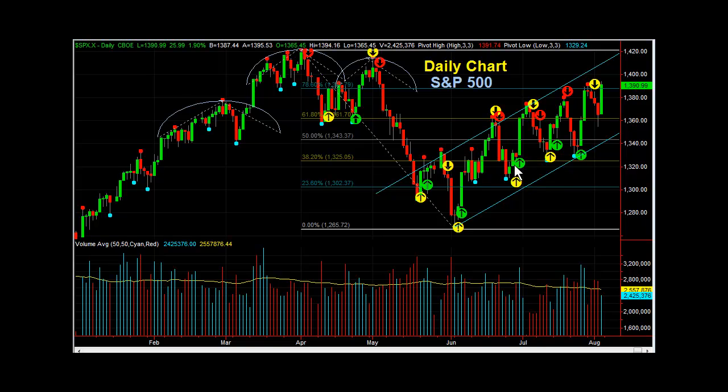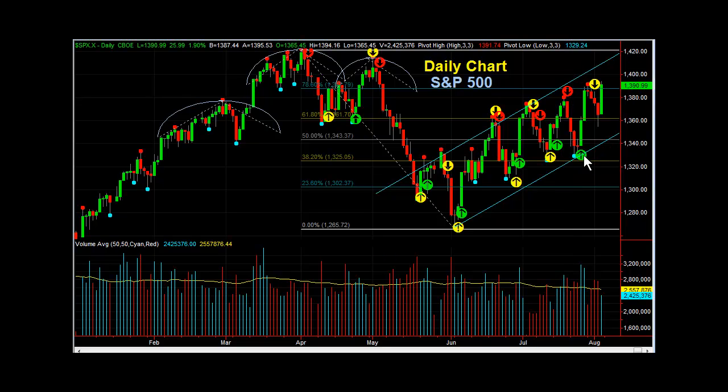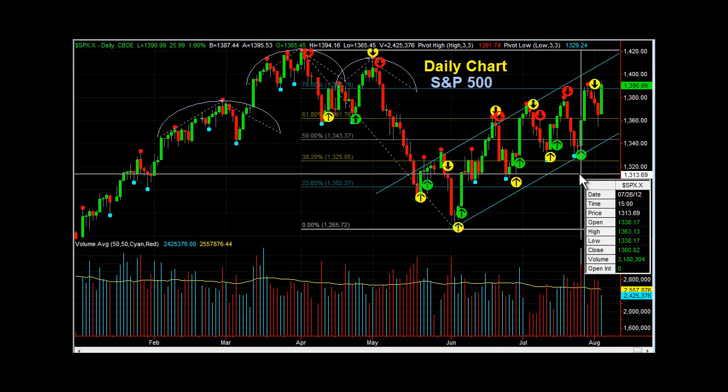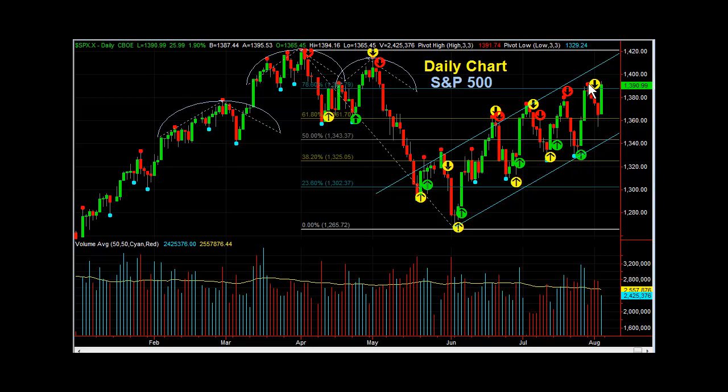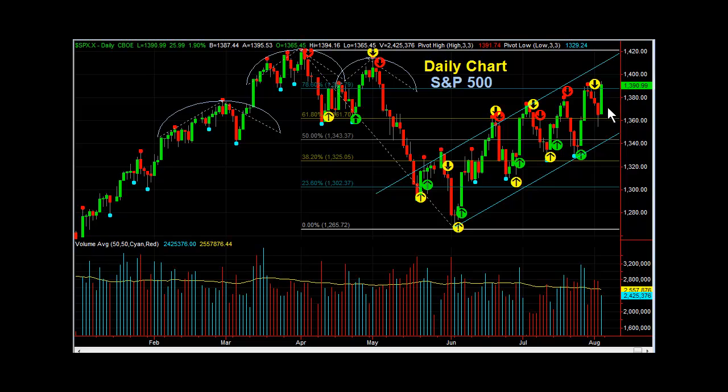Get down to the bottom, it went long. Gets up here, it goes neutral, short. Gets long again, goes short. This came back on the 20th of July, and then got back down here on the 26th of July, went long, and then it triggered a neutral on the 1st of August, and it's still neutral.